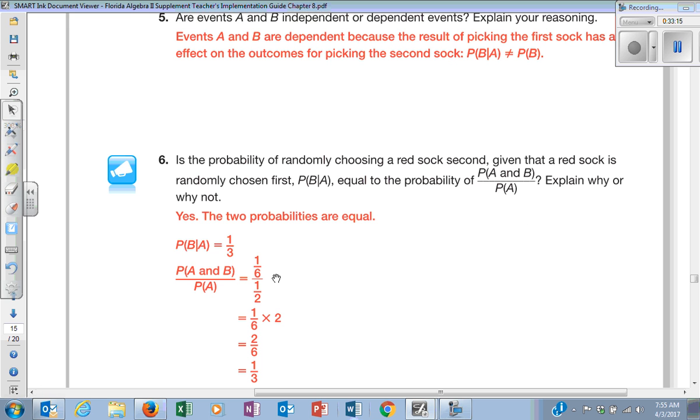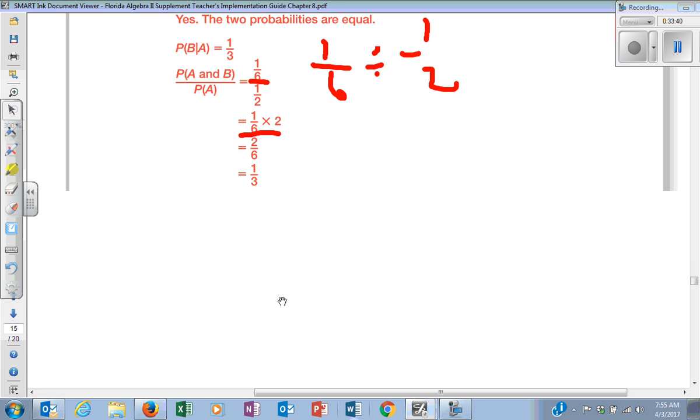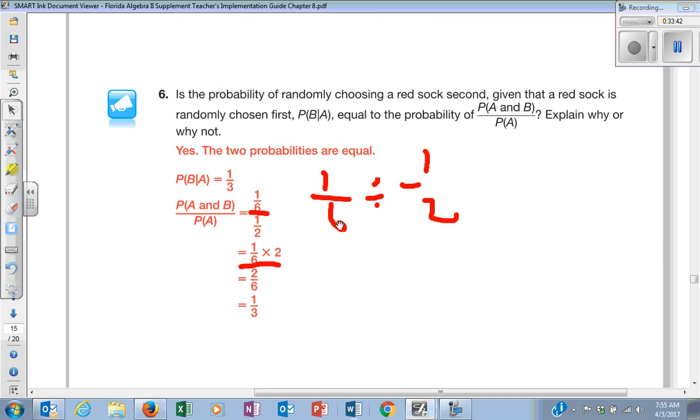They take the probability of A and B, which is 1/6, we figured that out right above, divide it by the probability of A happening, which was 1/2. This is a division problem, so we can rewrite this as 1/6 divided by 1/2, keep, change, flip, and that's what they do right here. They multiply and get 1/3, and yes, those two things are equivalent.